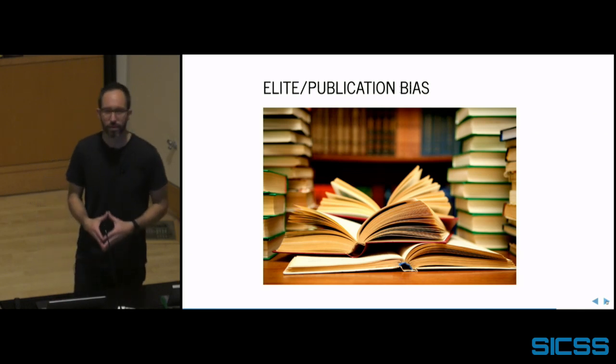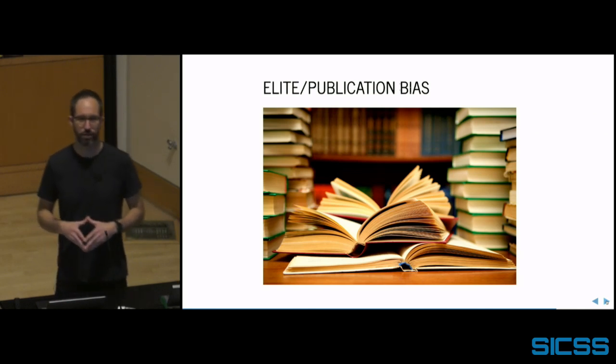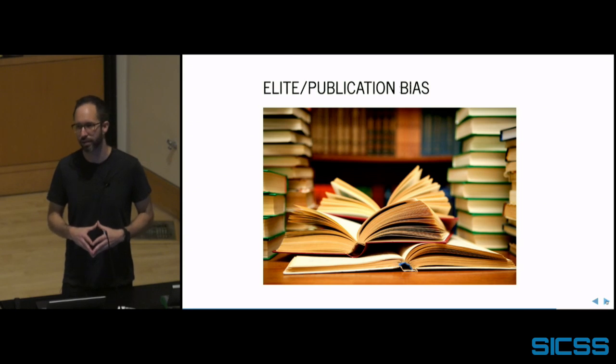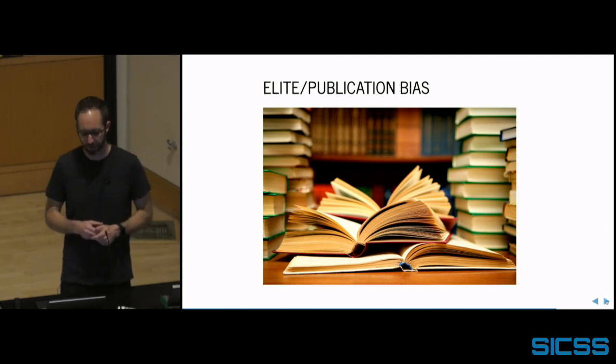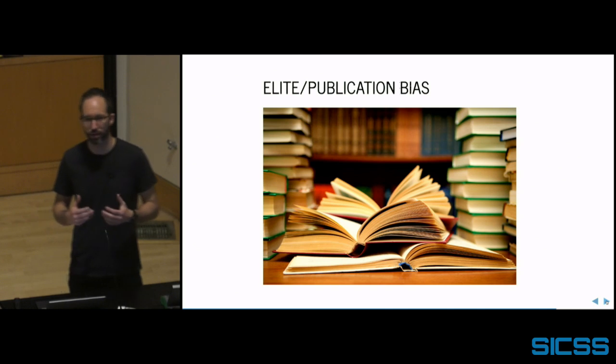Another key weakness of digital trace data is a weakness of many different types of data that are naturally occurring, and that is that only certain types of people write certain types of things down, right? So you might call this elite bias if we're thinking about history, right?